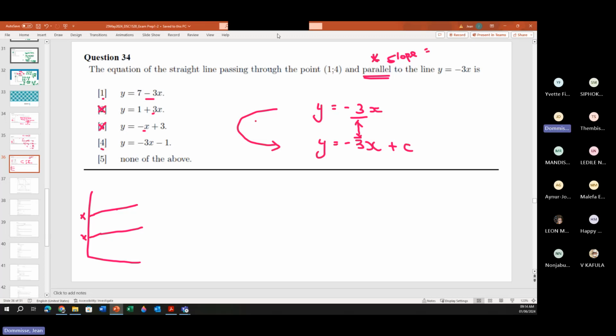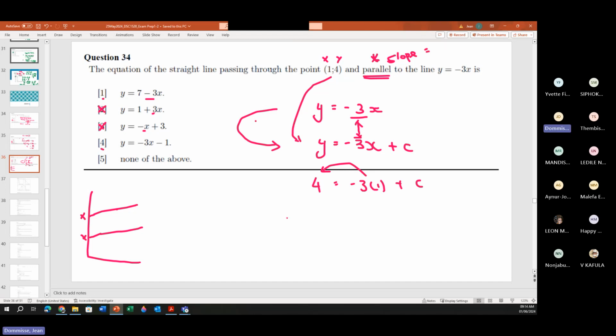And then what we do is we need to put that point into the equation to work out what the c will be. So we know that is x and y. So when y is 4, minus 3 times 1, will be equal to 7, but let's just, that will go over to the left-hand side.